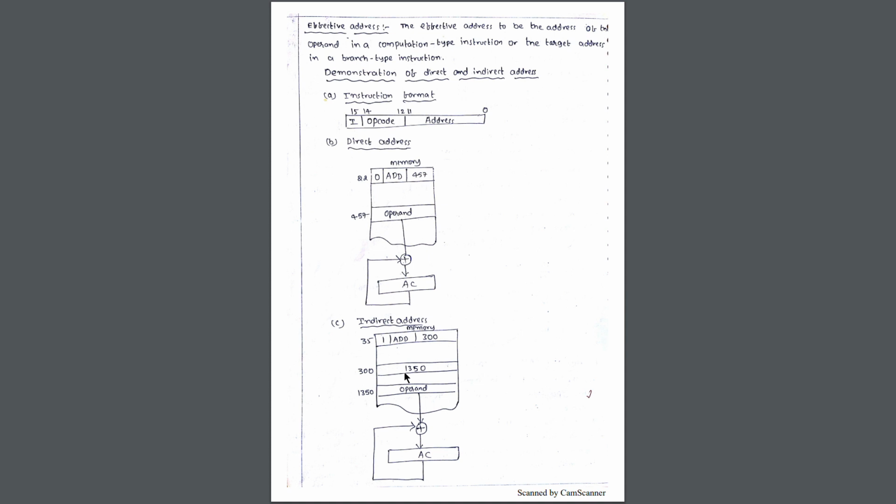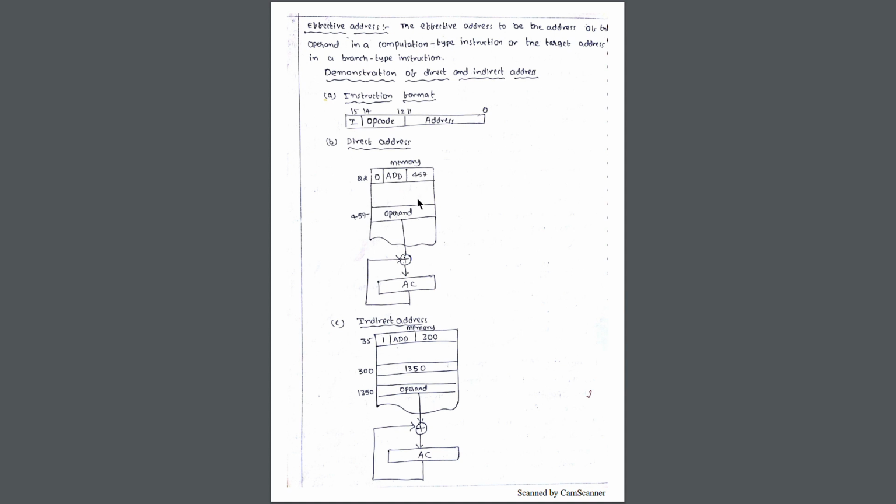That 1350 is at address 300. This address is written here, but in the direct case the operand is written here. Okay, whereas this 1350 consists of the operand.